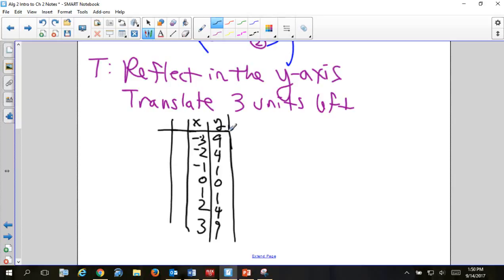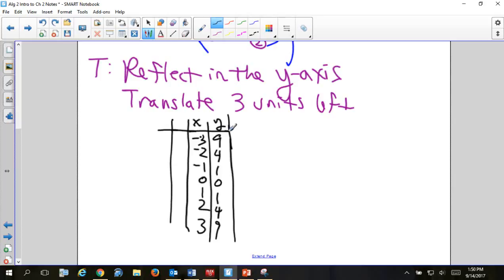Okay, so when we do our reflect in the y-axis, that affects which variable? Which variable goes left to right? The x. The x goes left to right.